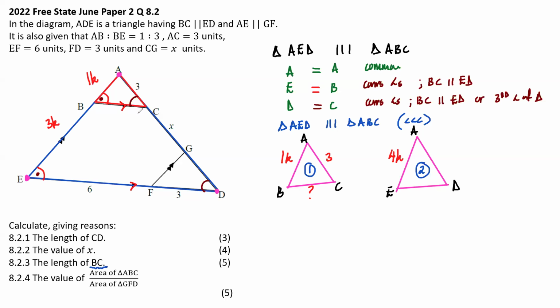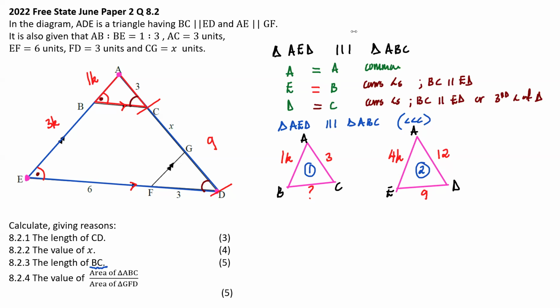AD, remember guys, CD was 9. So AD must be 3 plus 9, which is 12. Then ED, there's a 6 and a 3, that's also 9. I'm looking for BC, similar triangles in proportion.